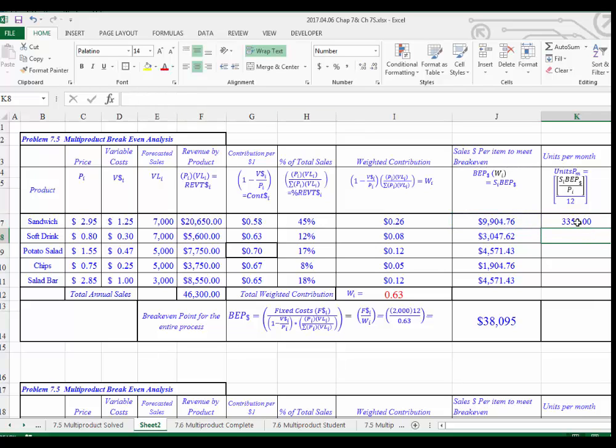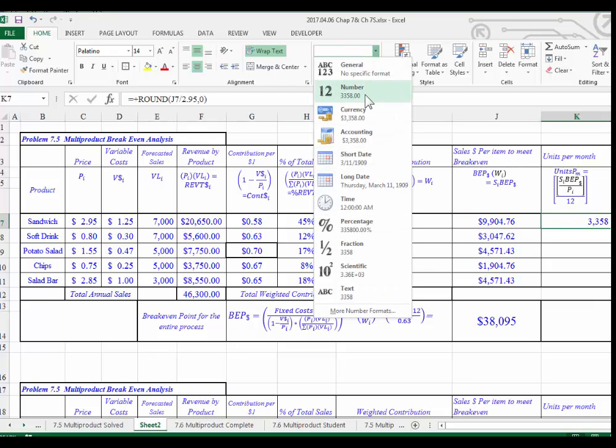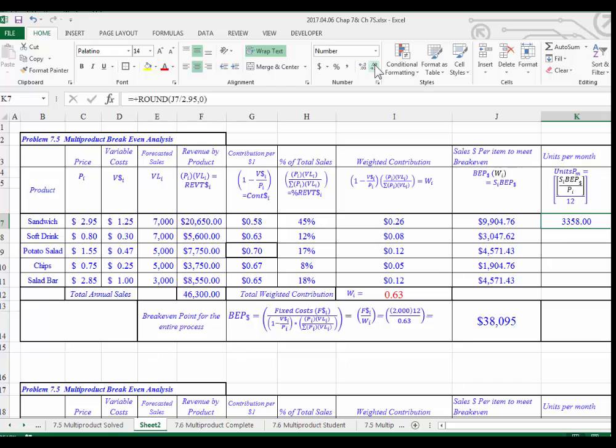So there we go, and we're gonna make it look normal like that. And then we can do it again here. I'll just do it one more time.